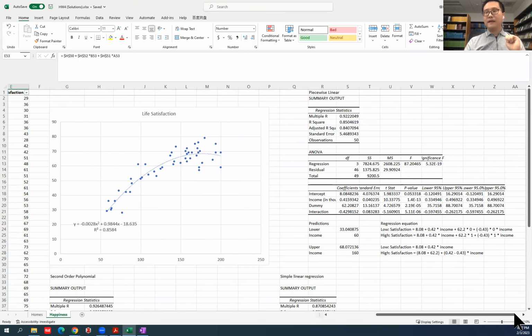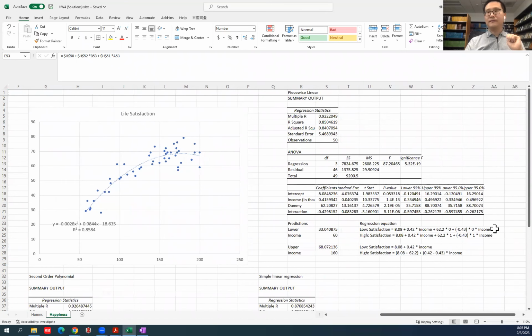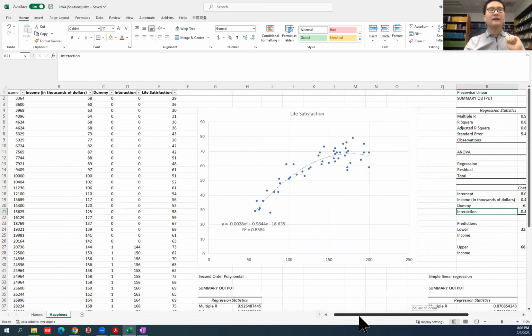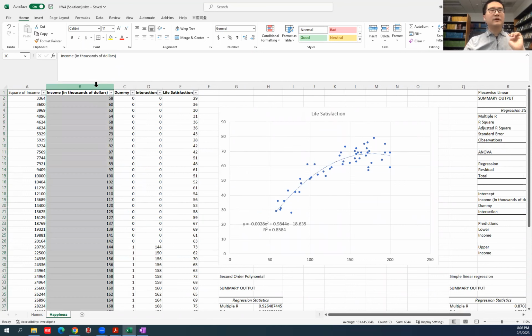This would be most easily illustrated in the estimated model itself. So let's see what happens in the model. In this model, I have 3 predictors: income itself, a dummy variable, and an intercept. The income was given in the original data sheet.